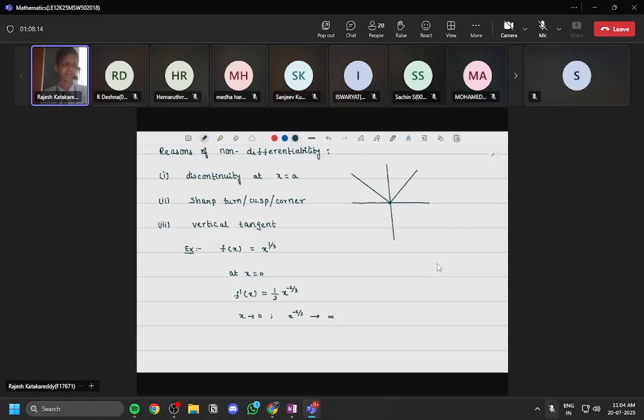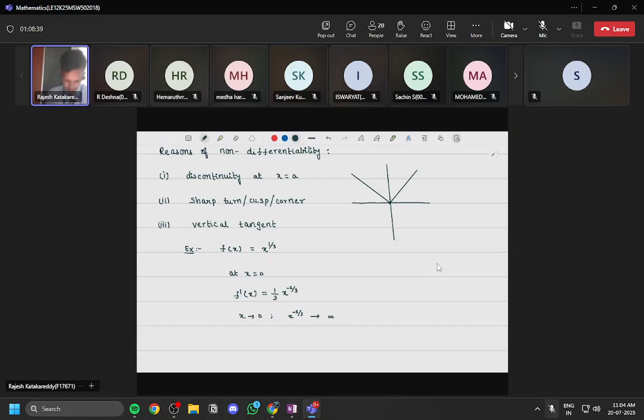That's why non-differentiable. The third one is vertical tangent. As I said, the left hand derivative and right hand derivative must be finite values. Clear? Right? Tan pi by 2 is not infinity, it is not defined, first of all. That's why we say there is a vertical tangent. That's why non-differentiable. Clear? Any doubts in this?